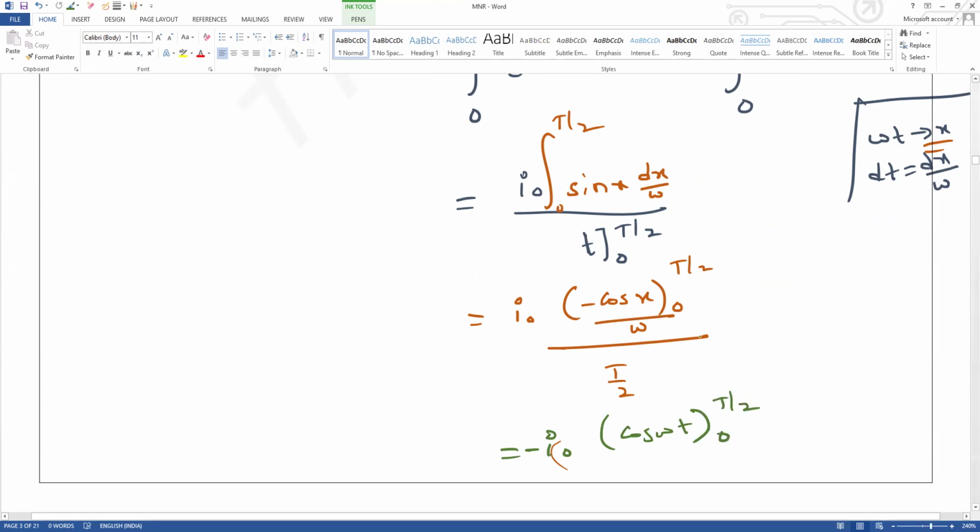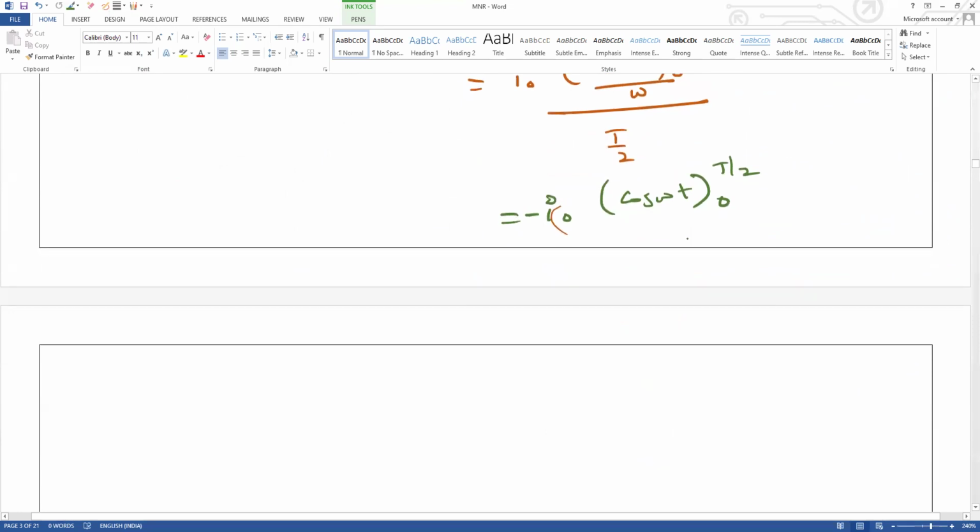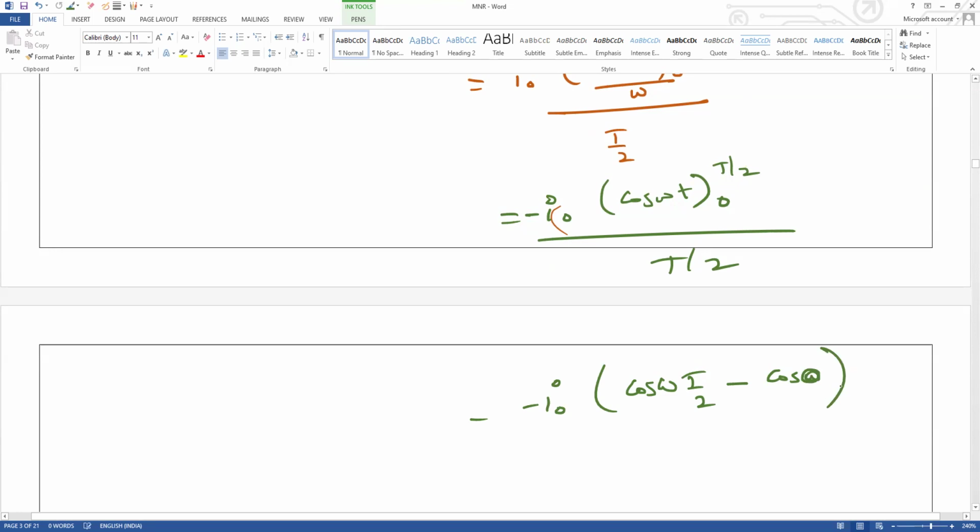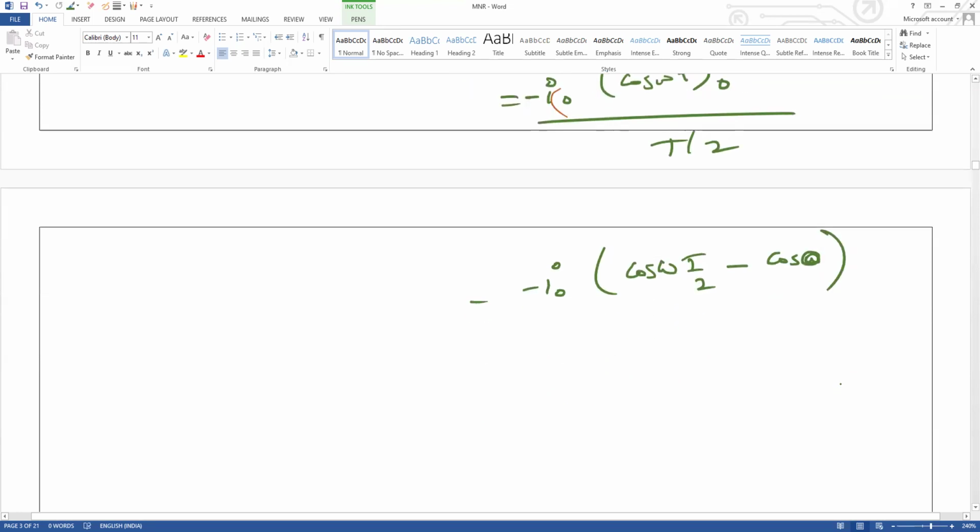Now minus I naught into cos omega times T by 2, minus cos omega times 0, which is cos 0. Is it okay, guys? Divided by T by 2.